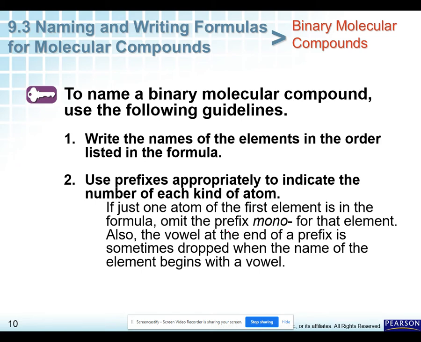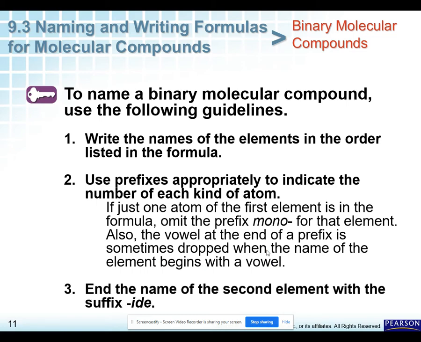And then on the second element, the vowel at the end is sometimes dropped when the name of the element begins with a vowel. And then last but not least, you want to end the name of the second element in IDE. Since it doesn't contain any polyatomic ions, you're not going to have an ending like ate or ite.